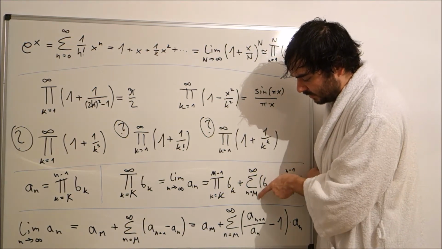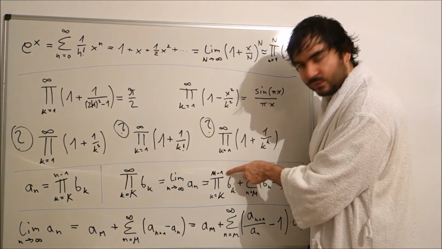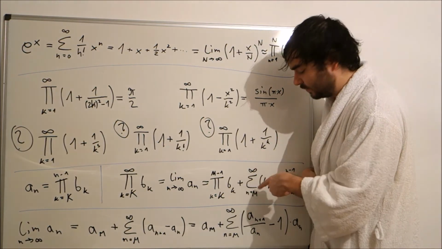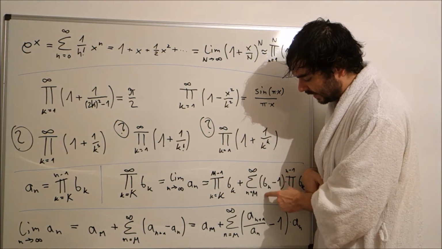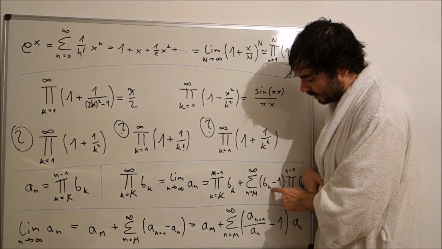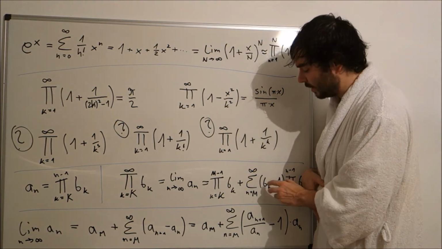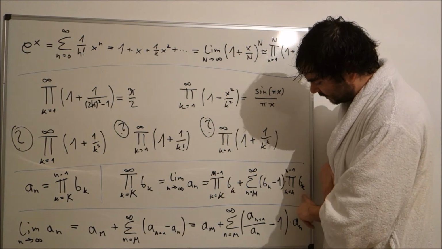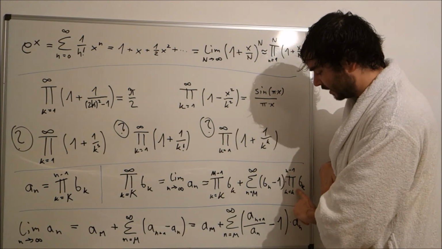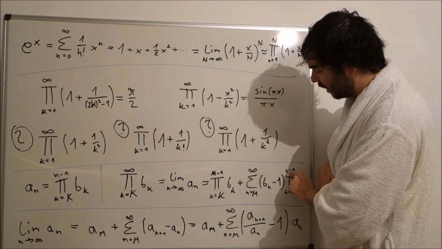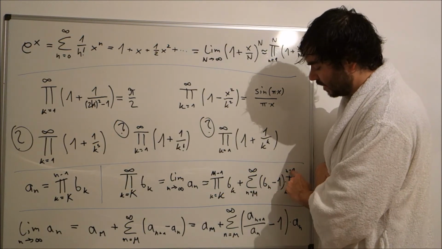So it's a sum from where you were left, from m up to infinity, of bn minus 1, which will be a very small number, times again a finite product up to the bound n that you sum over.